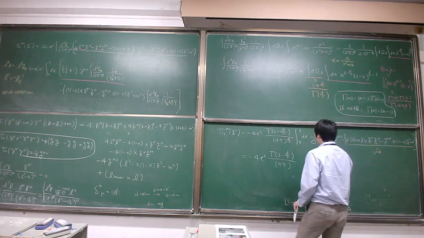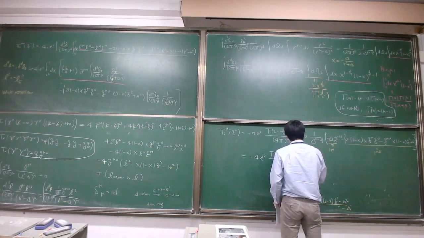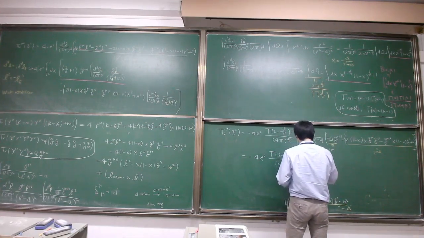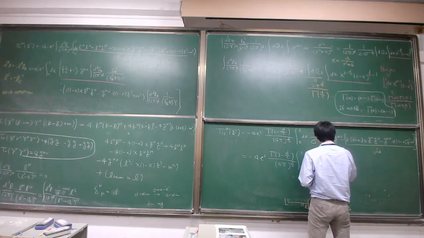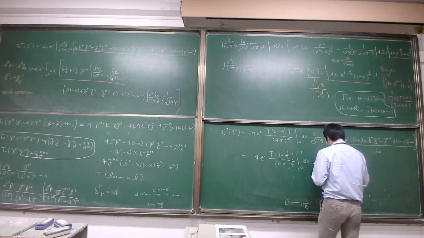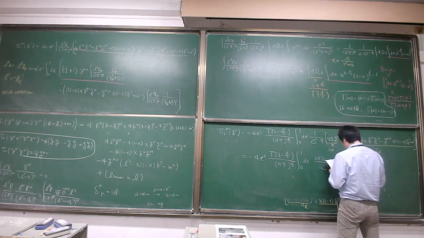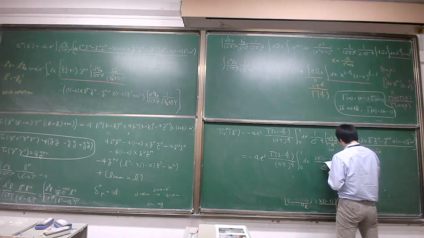Okay, so d over 2, integral dx, and then what we have is 2x(1 minus x) divided by delta to the 2 minus d over 2, and then times, beautifully, this term will show up.